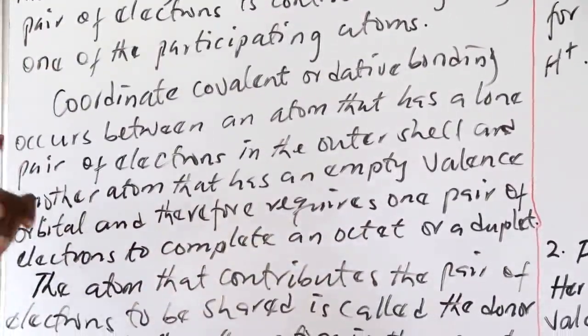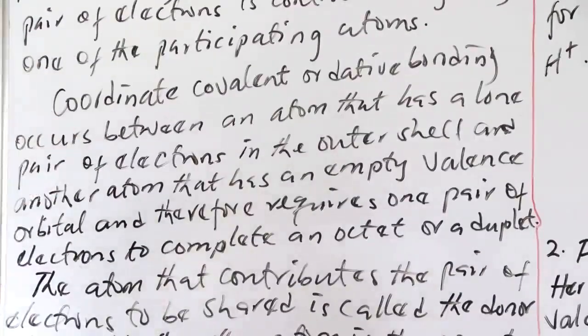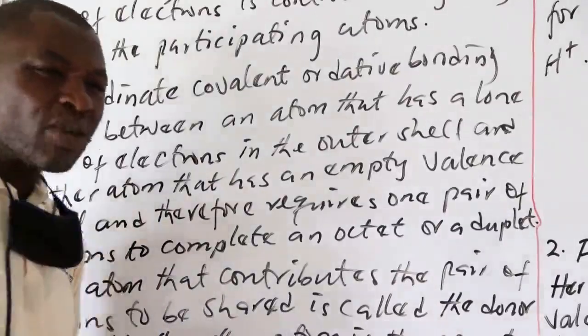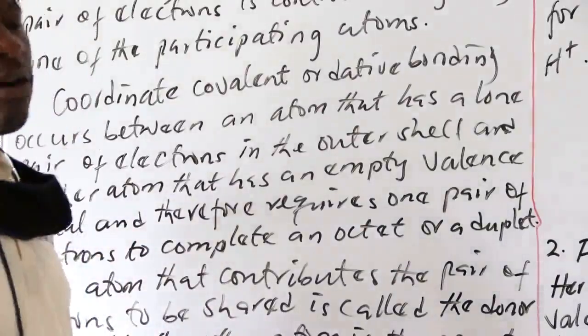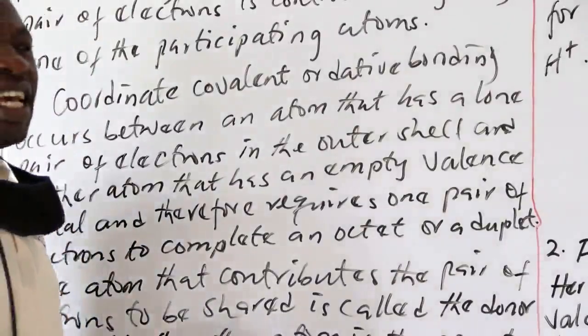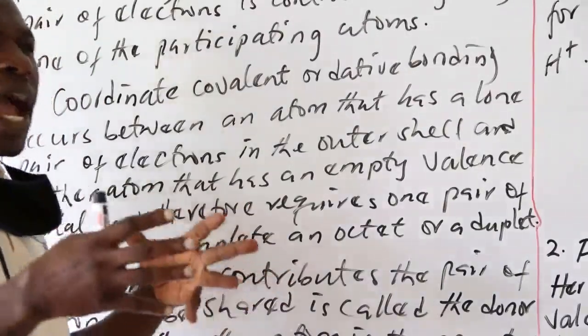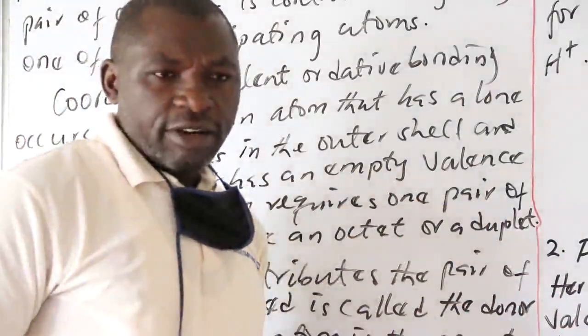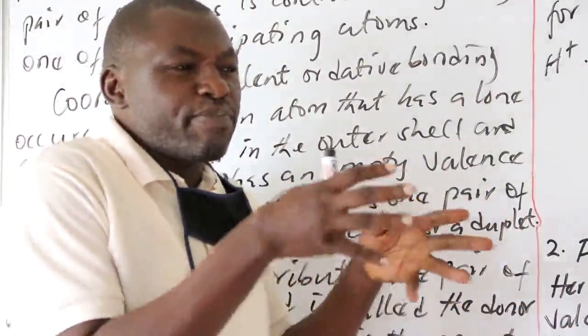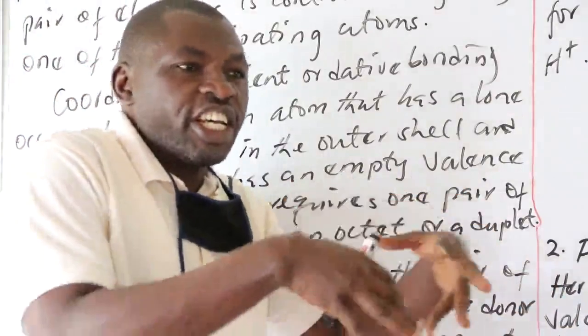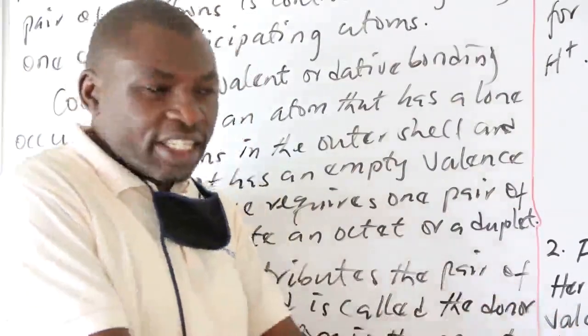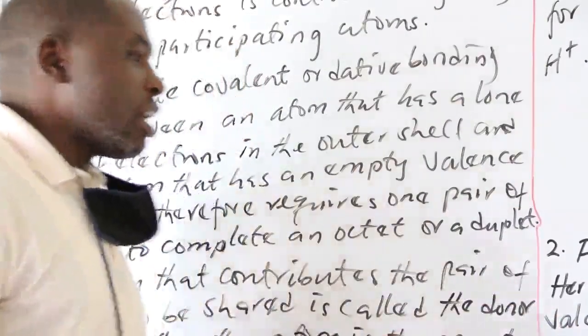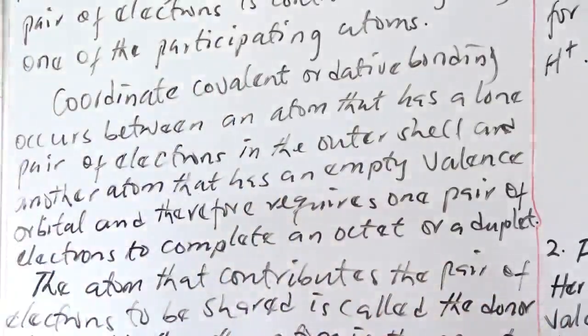For a coordinate covalent bonding to occur, there must be what we call a lone pair of electrons. That means a pair of electrons that is not being shared. An atom that has a pair of electrons that is not being shared in the bonding it is presently in, that kind of pair of electrons we call a lone pair.